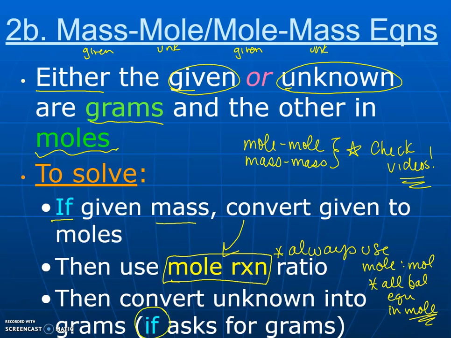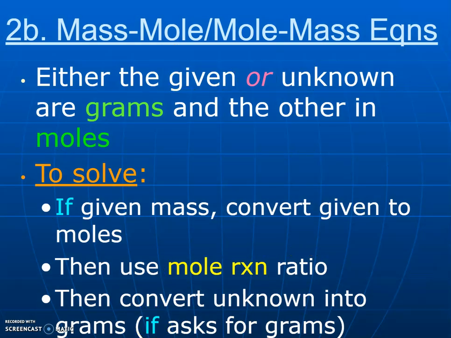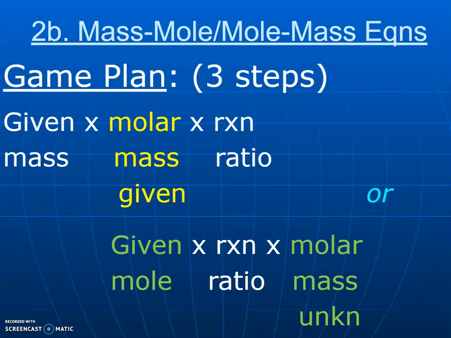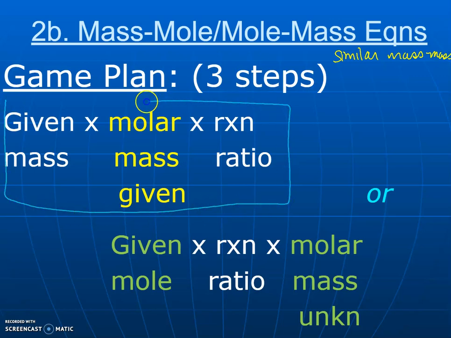So I think it's really nice to see the two game plans of what we're looking at. They're going to look really similar to our mass game plans. For this first one, you start with your given mass.